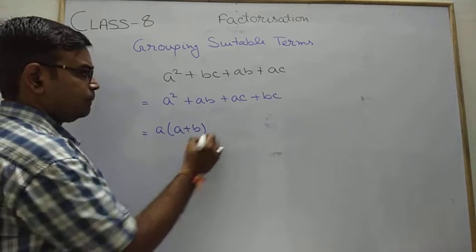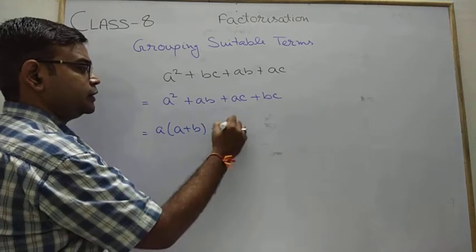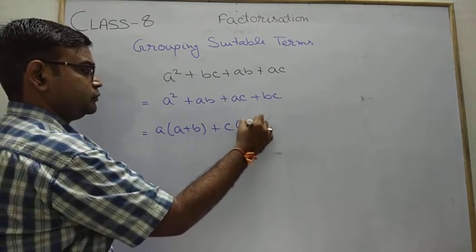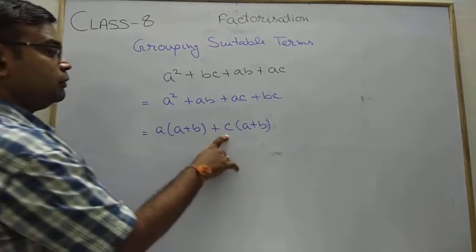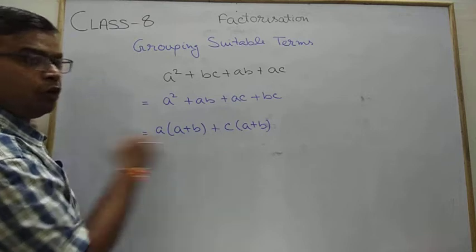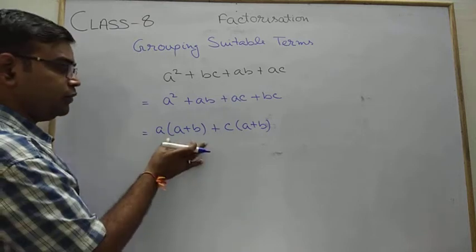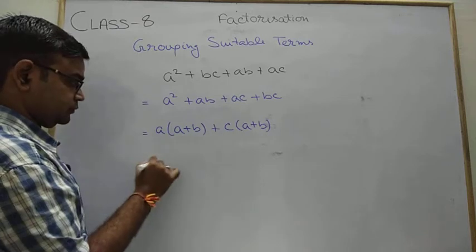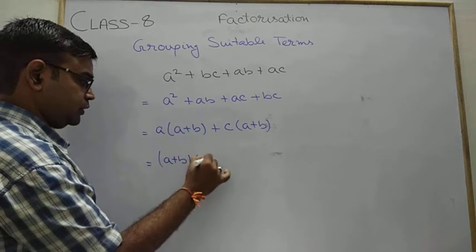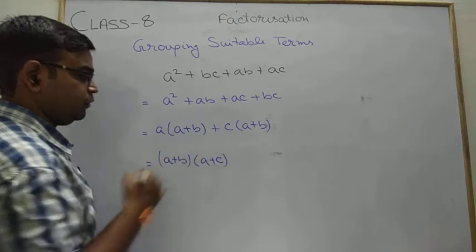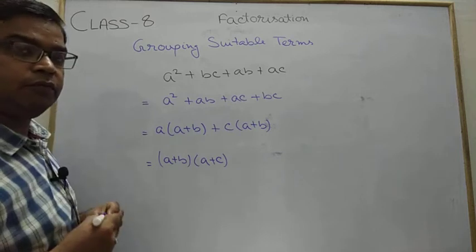It's clear. From here we can take C common. First we take monomial common, then we take polynomial common. Now the factor comes into picture. This is your factor form, or this is your factorization.